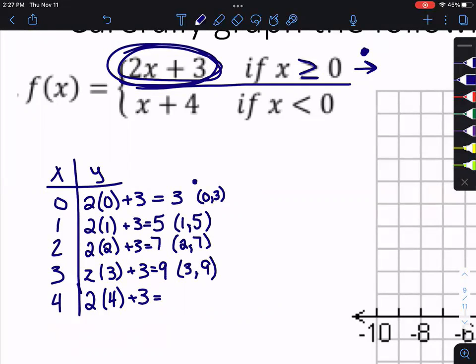For our x value of 4, 2 times 4 is 8. 8 plus 3 is 11. So we're going to do 4, 11. And then again, our arrow will continue on to the right.